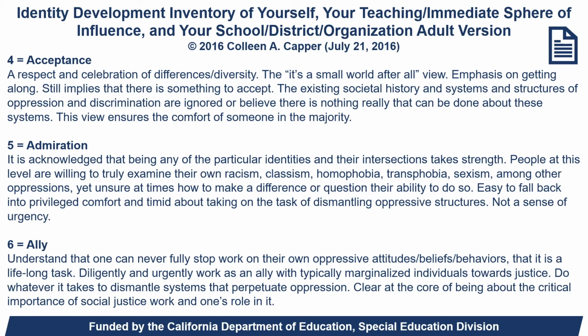Or lastly, we can be an ally, meaning we understand that the work to identify our own oppressive attitudes, beliefs, behaviors is never done. It's a lifelong journey, and we become the ally for those students who have different identities than we possess. We then advocate for those students who may typically be marginalized.